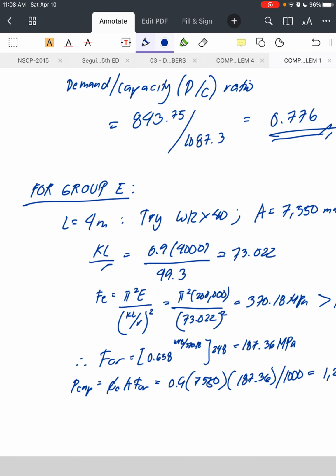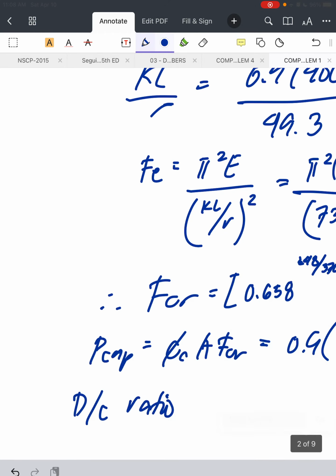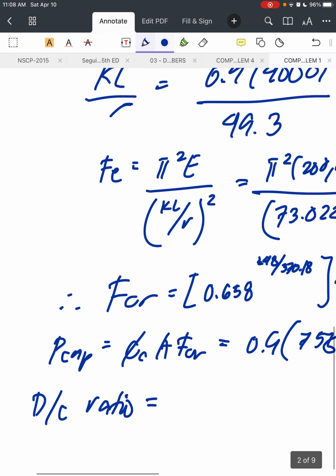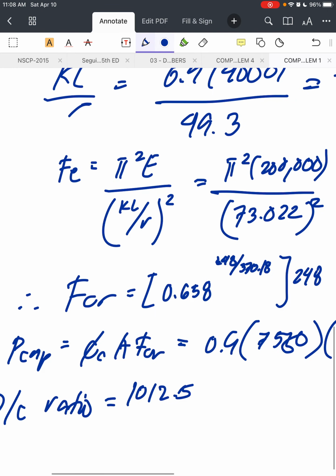So for your DC ratio, it is 1,012.5 over 1,273.1.